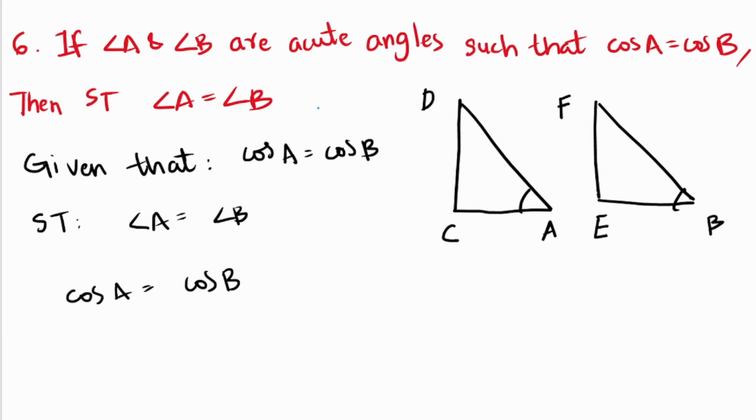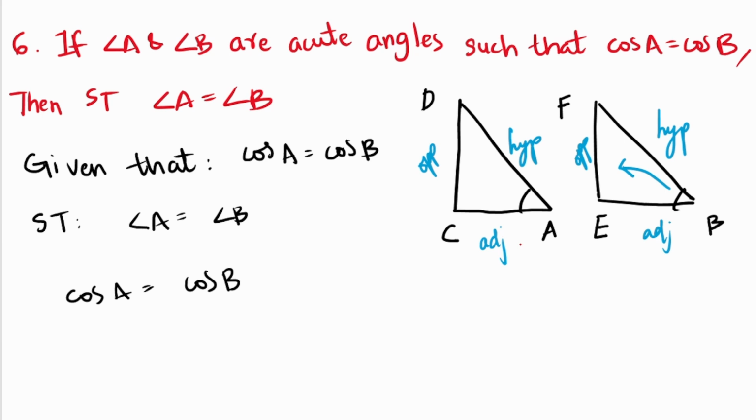So if this is angle A, this has to be the opposite side, this has to be the adjacent side, this has to be the hypotenuse. The same applies over here. This is the opposite side with respect to angle B, right? And this is the hypotenuse and this is the adjacent side with respect to angle B. So we will write cos A, right?